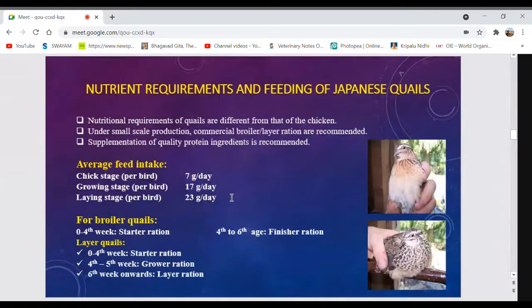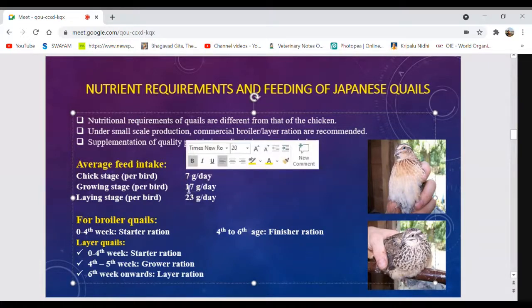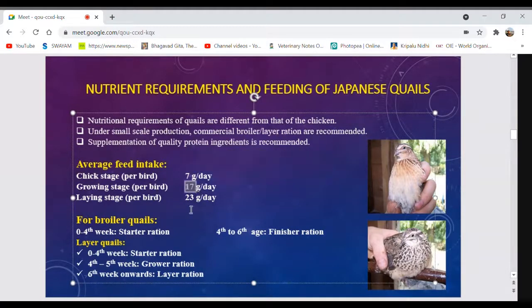Therefore, the concentration of protein and energy should be higher. Then only there will be appropriate intake of energy, protein and other nutrients. If the intake is 7 gram or 17 gram per day, in that amount the required vitamins and minerals, everything, should be present. Of course, their requirement is very, very less, but everything should be present.